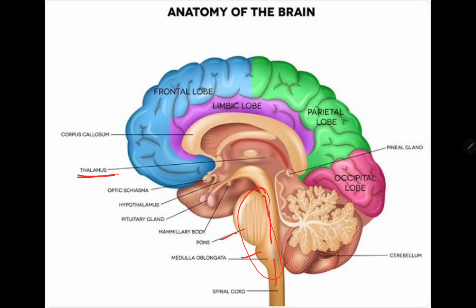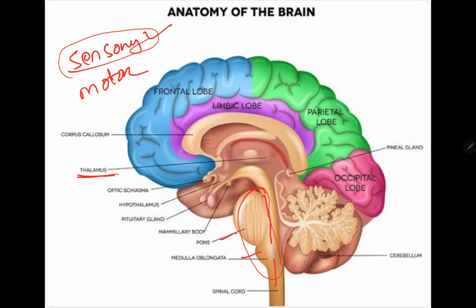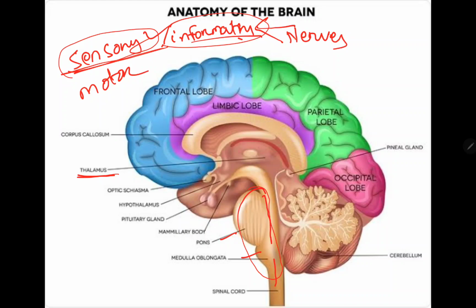Now a question arises, what is sensory and what is motor? This is very simple. Sensory means information or any kind of stimuli that are received by the brain through neurons or nerves. These are sensory stimuli, sensory information, also received by nerve cells or neurons.